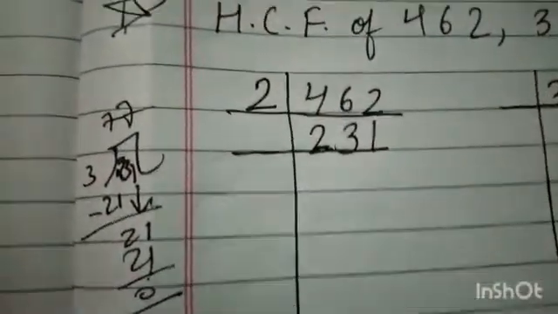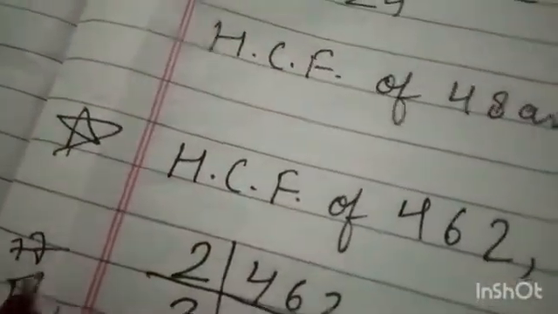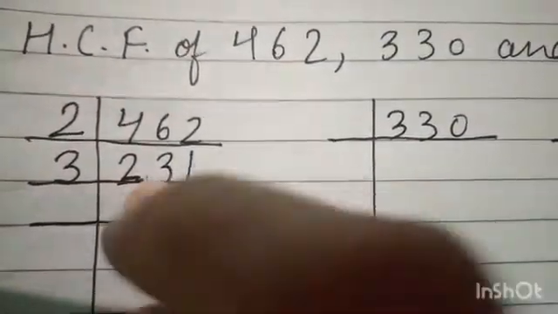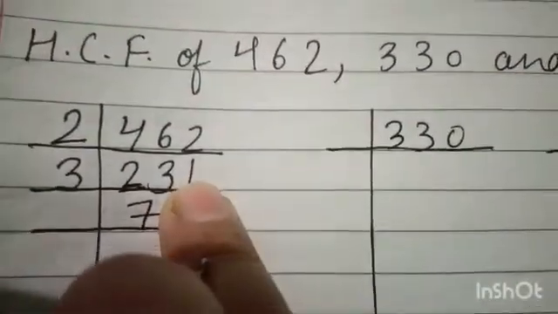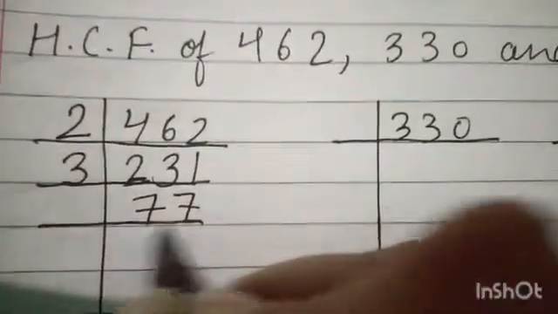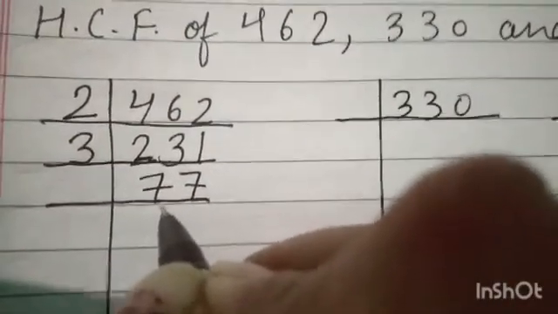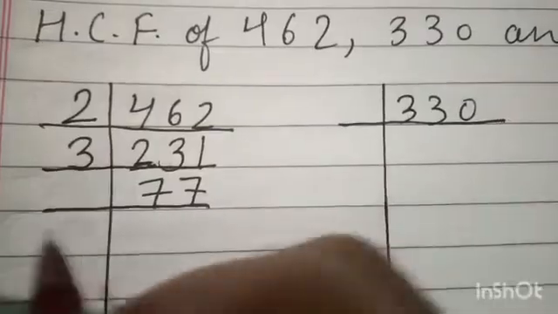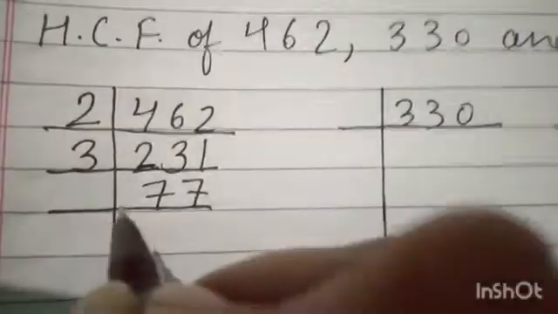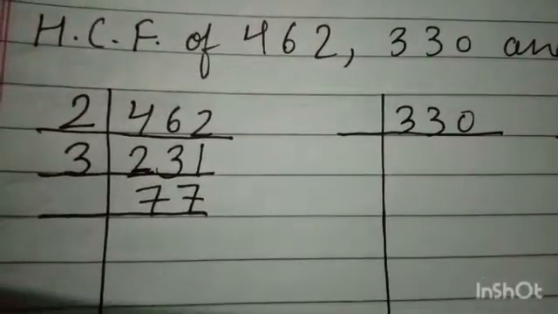So this is divisible by 3, and I will write 3 on 77. If we multiply 77 by 3 we get 231. Now this cannot be divided by 2, 3, 4, 5, 6, but it can be divided by 7, which is a prime number, because in the table of 7, 11 times gives 77.